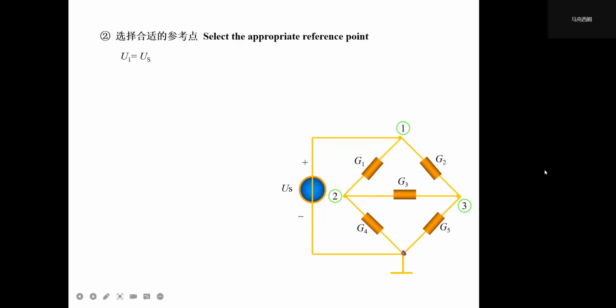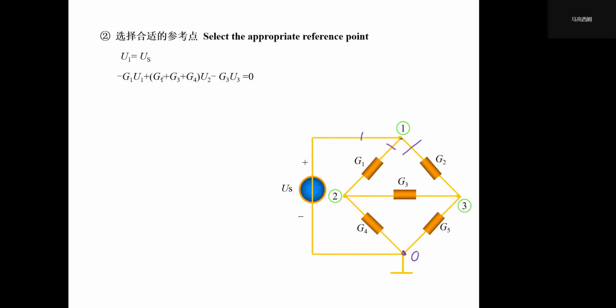We still have U1 equal to US directly, since this point we take as the voltage 0 point. So U1 is directly US. And we can also list all these KCL equations, and it's connected to 3 branches.